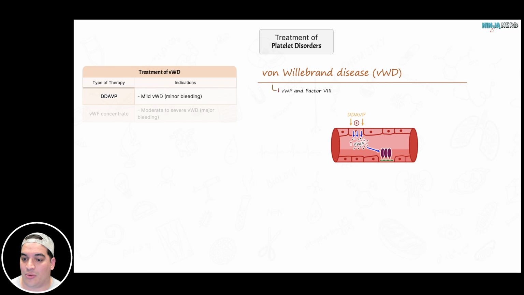And von Willebrand factor will act as that glue for platelets to stick to, which will help the patient stop bleeding. But if they bleed a lot, they have major bleeding, so bleeding after a surgical procedure, or other severe bleeding like heavy menorrhagia, you could consider von Willebrand factor concentrate. Basically, you're just giving them von Willebrand factor in a concentrated manner to help them stop the bleeding.